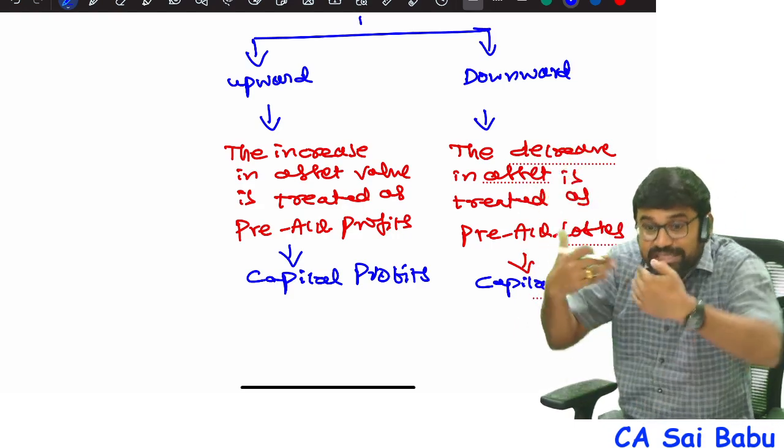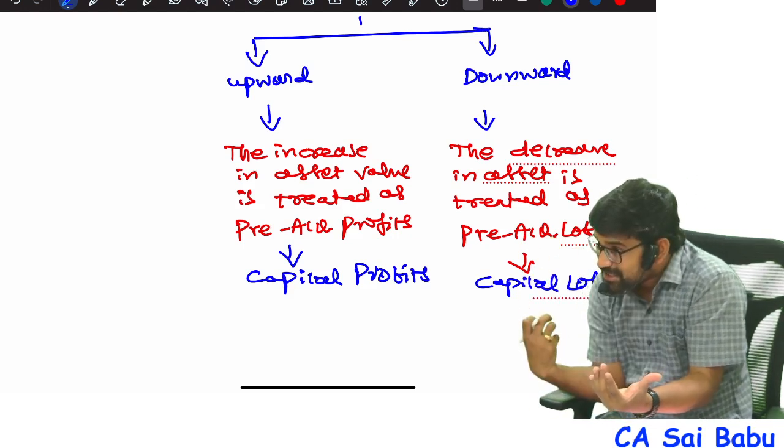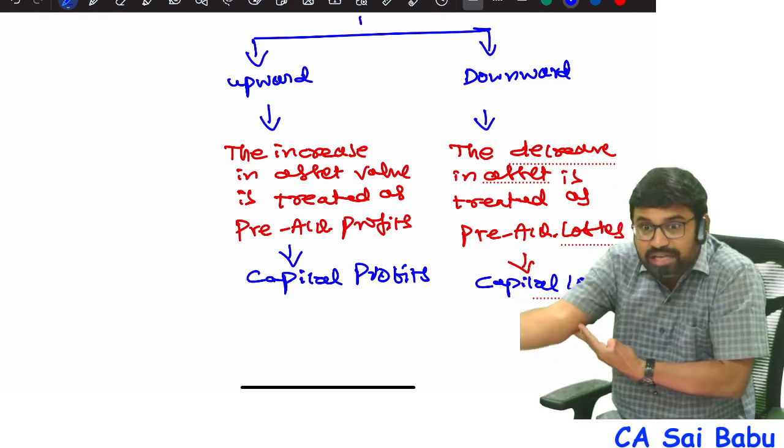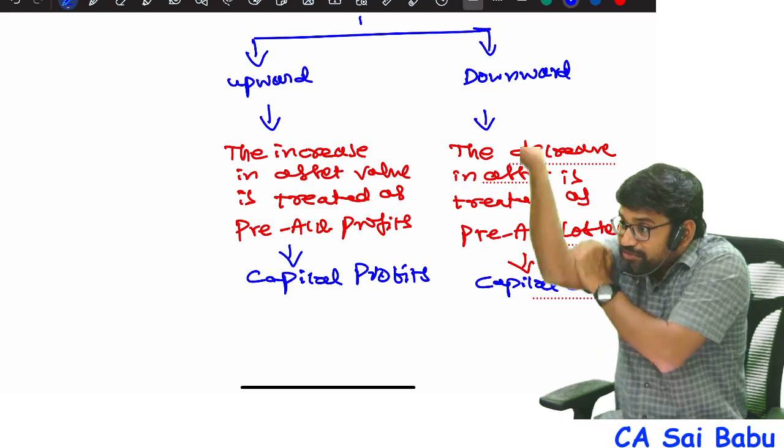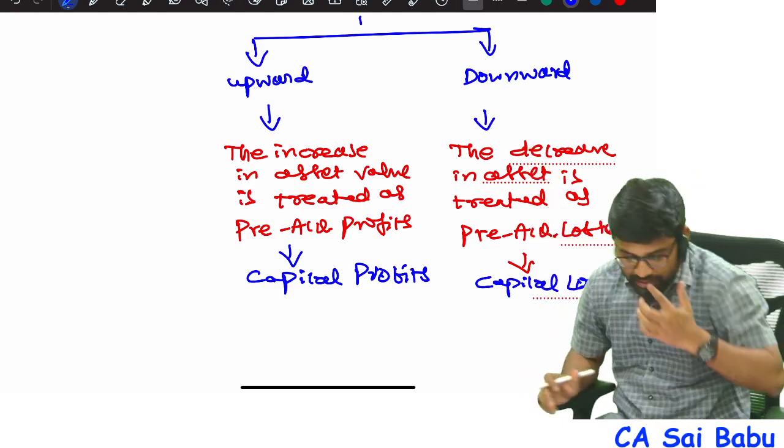If you provide additional depreciation, your post-acquisition profits will be decreased. If you are writing back the depreciation, your post-acquisition profits will increase. So that will also need to be considered. So please understand.